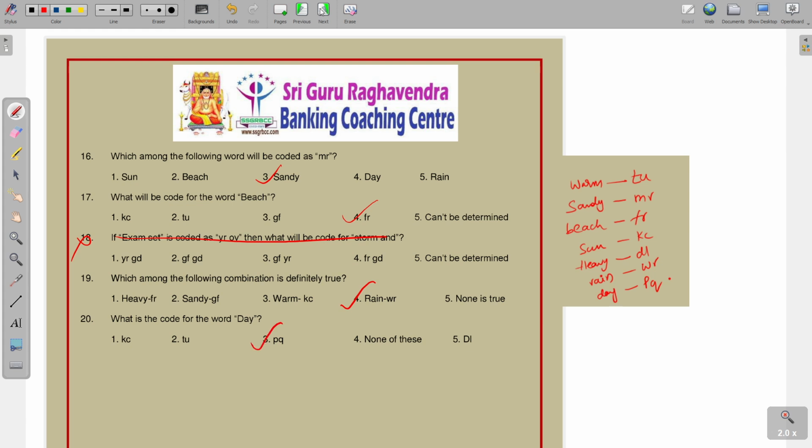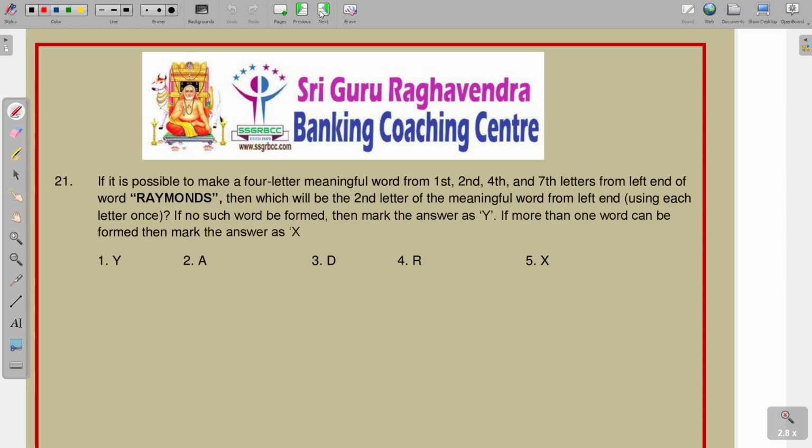Clear? Next, if it is possible to make a 4-letter meaningful word from the first, second, fourth and seventh letters from the end of the word rhymes. So first, second and fourth, and also 5, 6, 7.